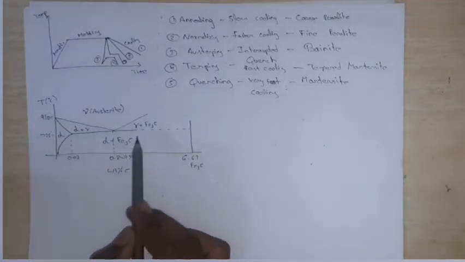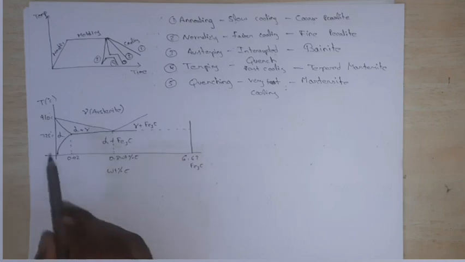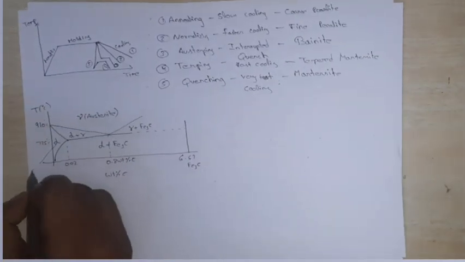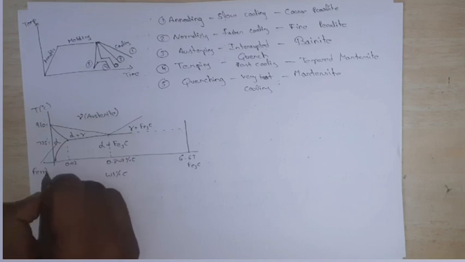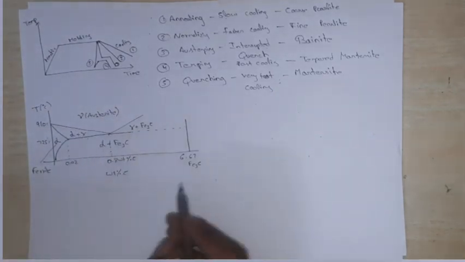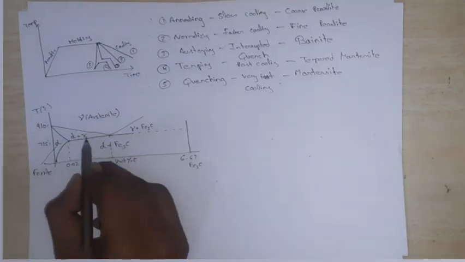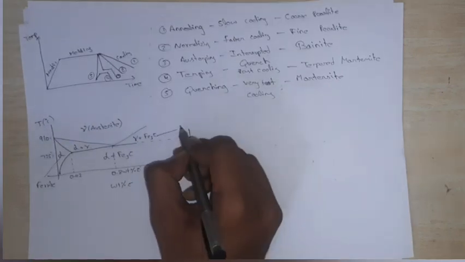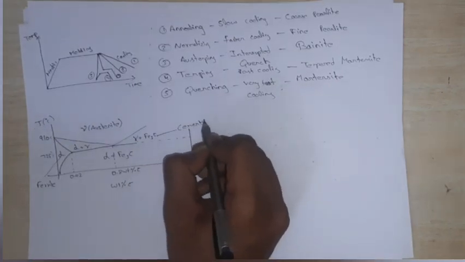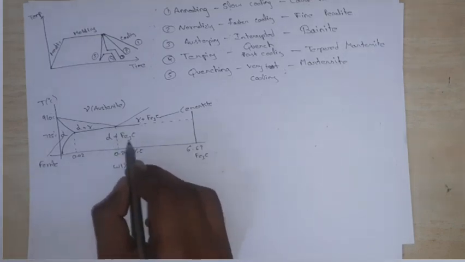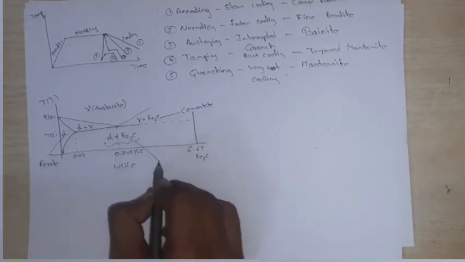This is the phase diagram of carbon steels. This is the alpha phase, which is called ferrite. This is the gamma phase, which is called austenite, and this is the alpha plus gamma phase, and the gamma plus Fe3C phase. Fe3C is nothing but cementite, and this is the alpha plus Fe3C.